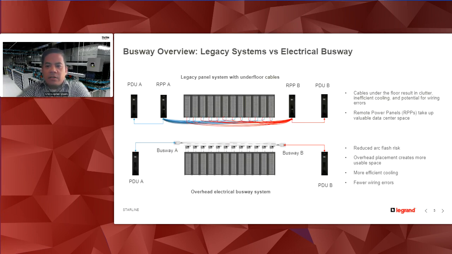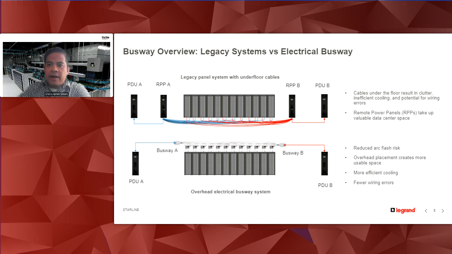Okay, so first off, I wanted to describe what predated busway. I would say over 10 years ago, the legacy system that we commonly saw in the data center was an RPP system.